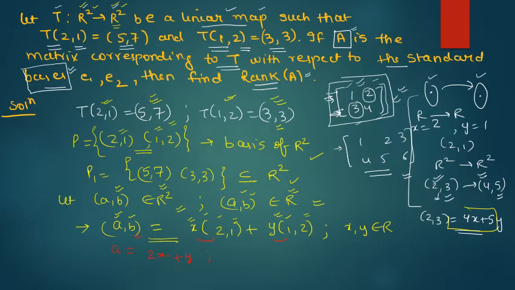And then what will be b? b will be x plus 2y, correct? Now find out the values of x and y from here. So let's take another slide. Here what we have got is a as 2x plus y and b as x plus 2y. Now we have to solve it.